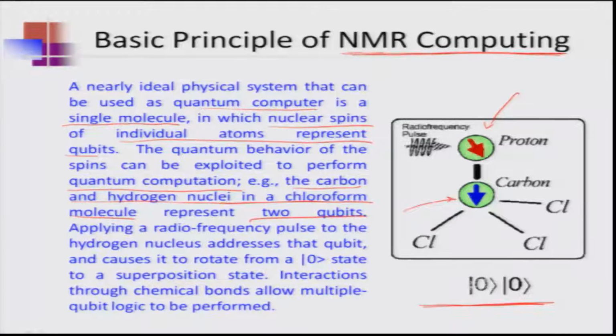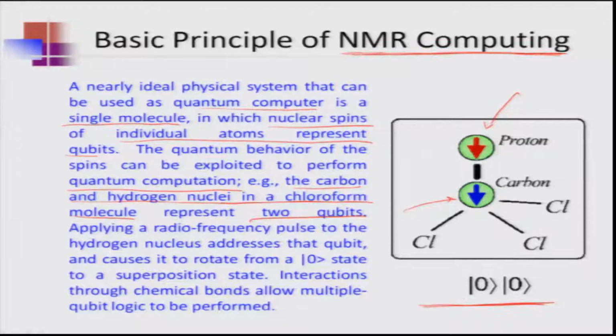So, for example, when I call this a 0 case, when my proton spin is in the same direction as, let us say, the carbon spin, and when I apply the radio frequency to only affect the proton, then I am able to get this to work as a computational step, making the superposition. So, basically a Hadamard transform.